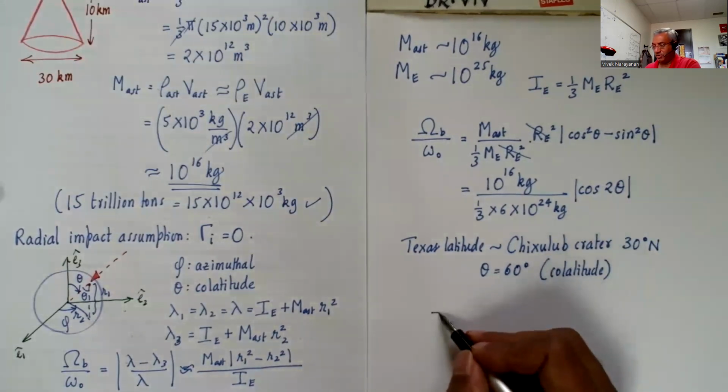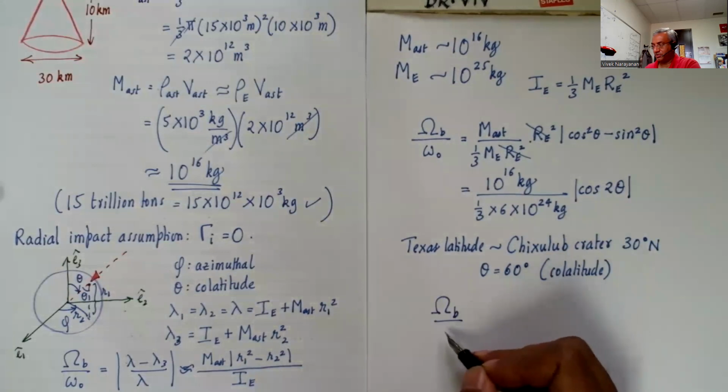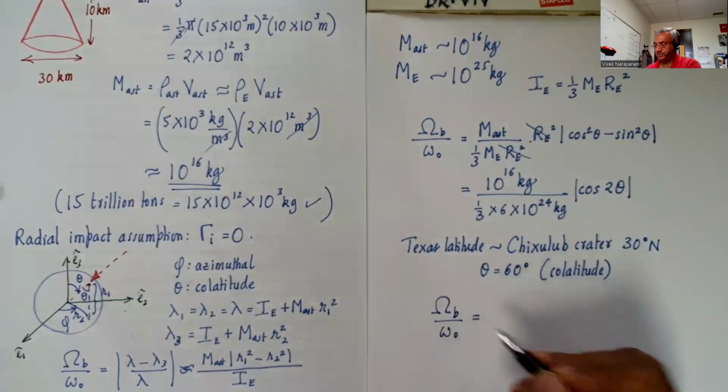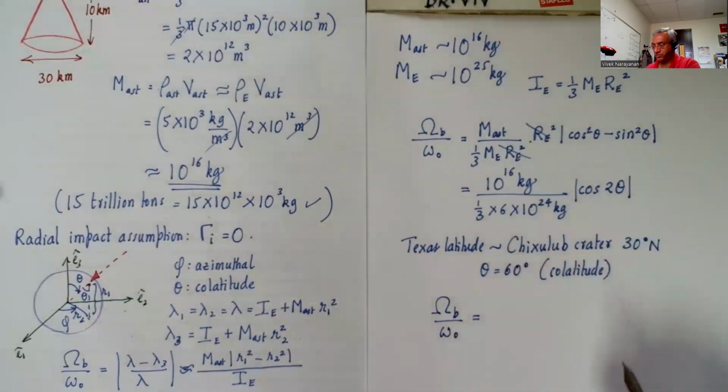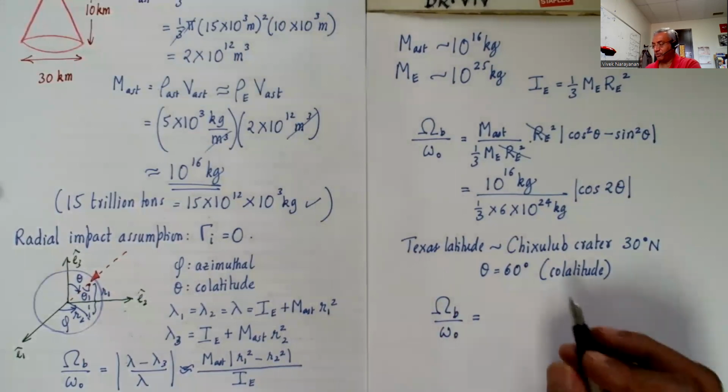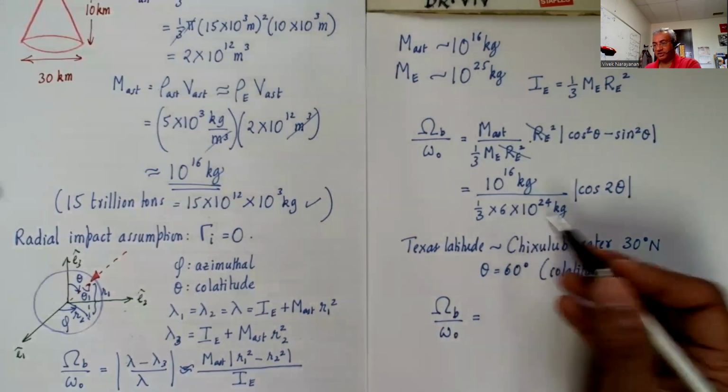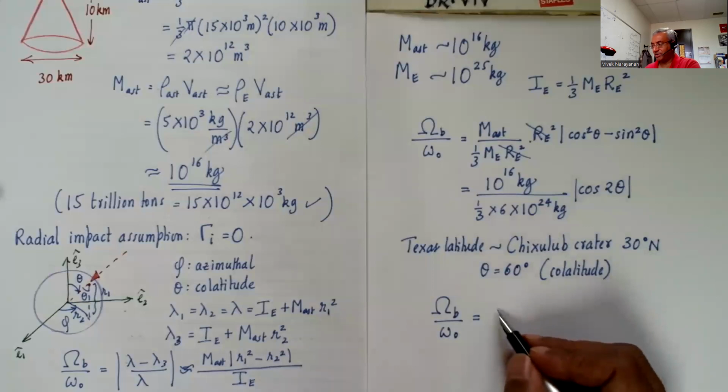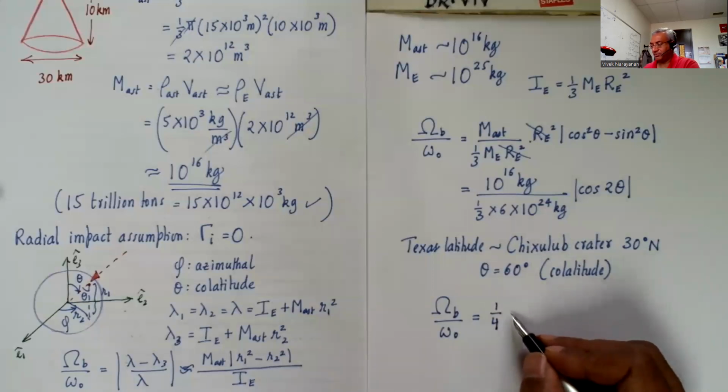So I'm going to get omega b over omega naught is 1/3, and 6 gives me 2. Cosine of 60 degrees is half, so that's going to be 1/4 because there's a 2 downstairs and that produces a half, so that's going to be 1/4 times omega naught.